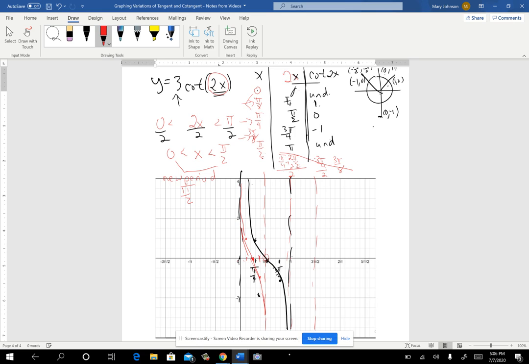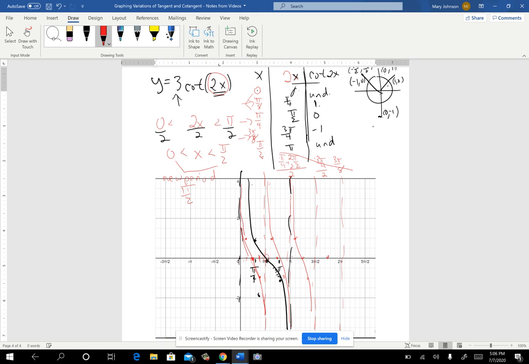You have an asymptote every pi over 2 on this one. And then your graph would cross the x-axis right in the middle of those, up at 1 on the left side and down at -1 on the right. And it would do something like that, and you could get it graphed. It would keep going like that; I won't keep drawing it. So that's y equals cotangent 2x.